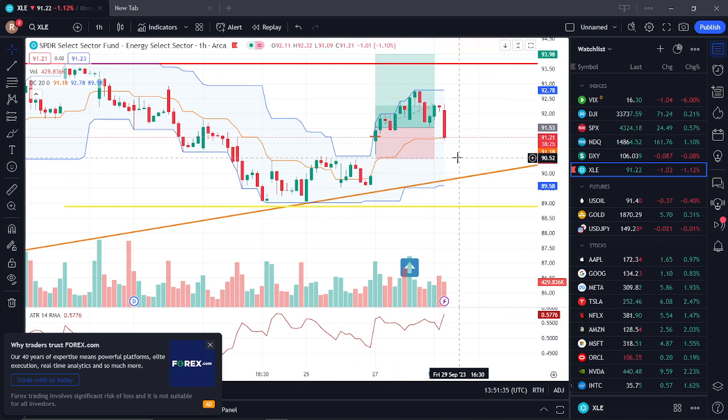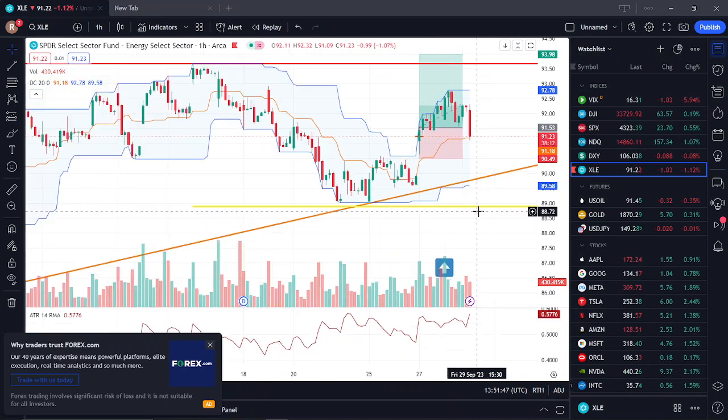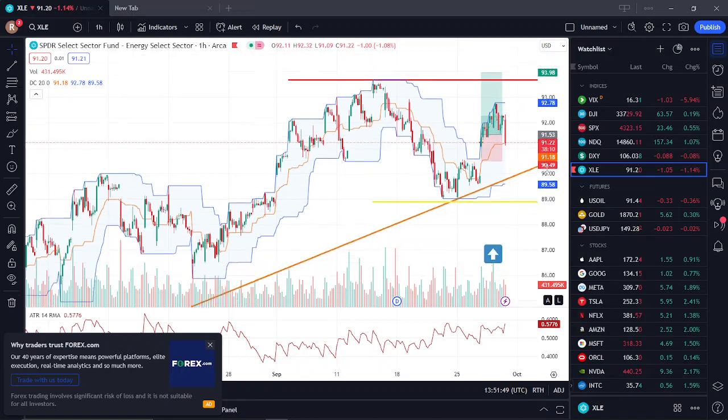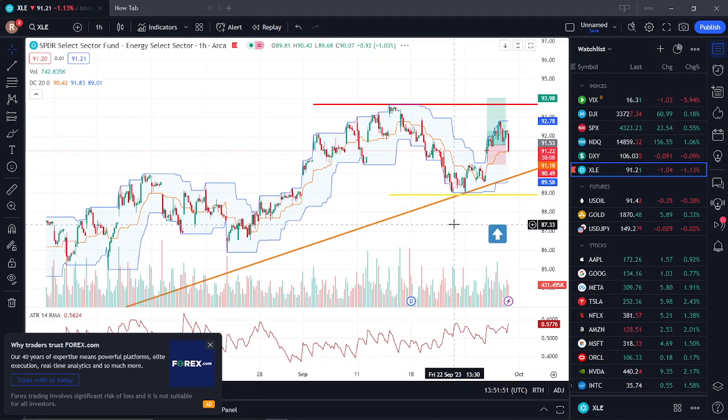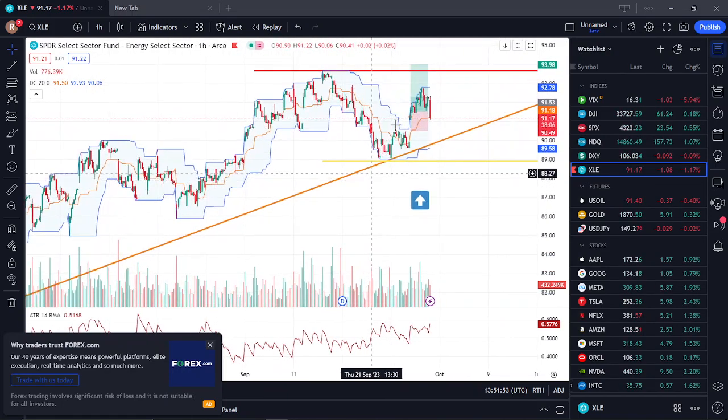So again, you have 2 ways. You can play safe and get out when it breaks down here, or you can wait for the big one, where you turn it into a big trend following trade. It's your choice. My choice, I'm riding this. I think this is just going to ping pong sideways for a while instead of going straight up.